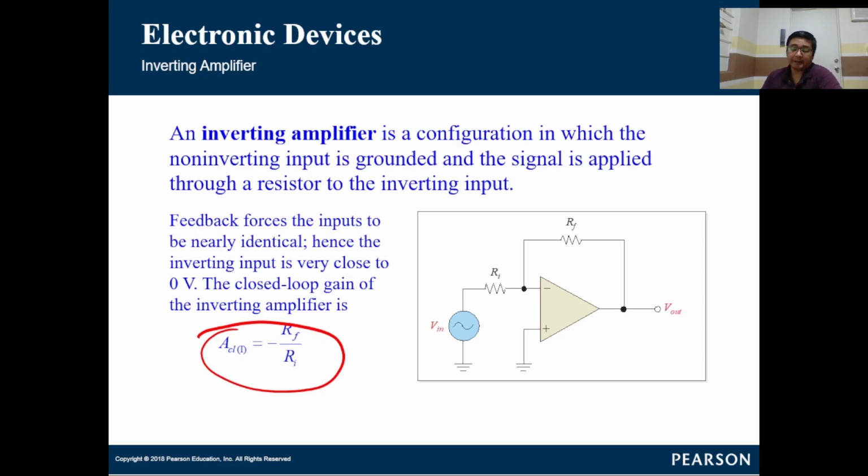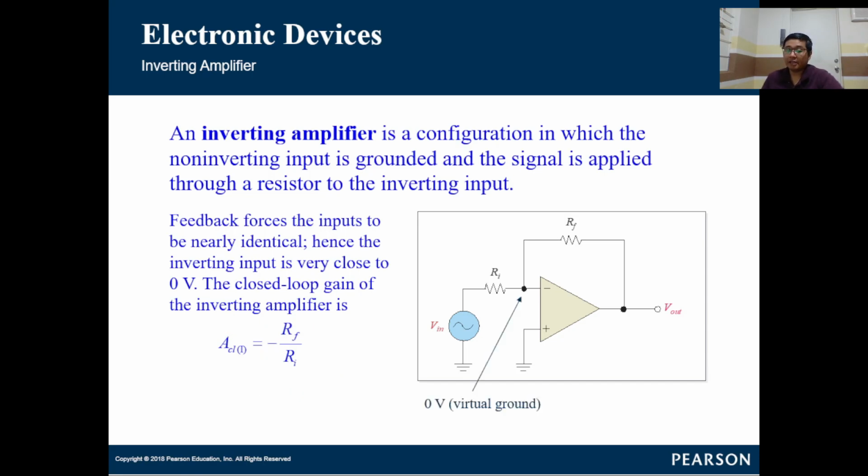So kung papansin natin, yung equation for the closed loop voltage gain ng non-inverting amplifier is positive, wherein sa inverting amplifier, it's negative. So it doesn't mean na nag-decrease siya. It just means na meron tayong 180-degree phase shift doon sa ating output.